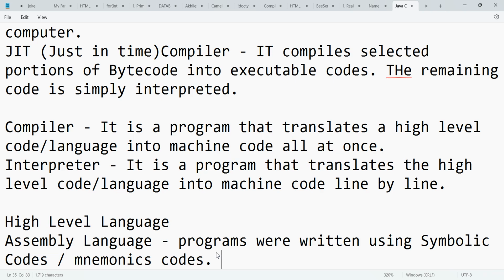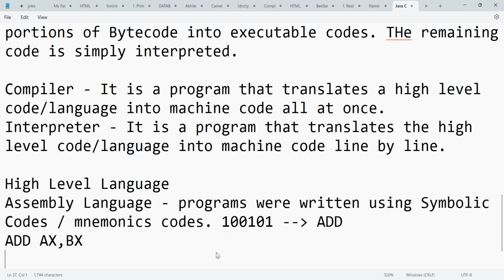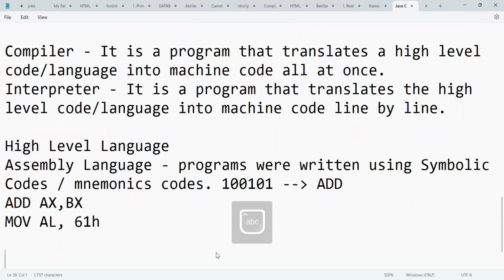For example, suppose if a machine language says 0100 101, then in assembly language it could mean add. A common case, so it may look like add AX, BX, MOV, AL 61H is still far better than 0 and 1.